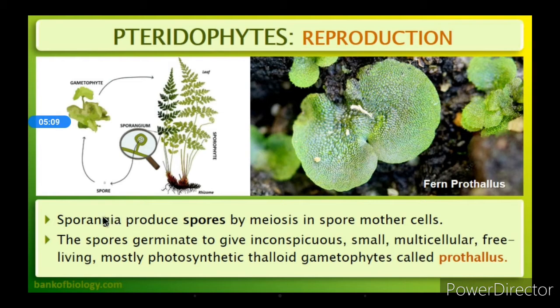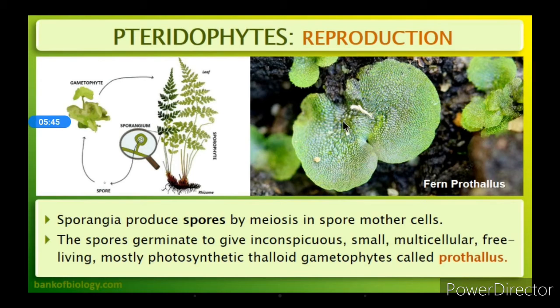Here you can see the sporangia release the spores, and the spores germinate into a green, photosynthetic thalloid gametophyte, which is known as the prothallus. This is the fern prothallus.